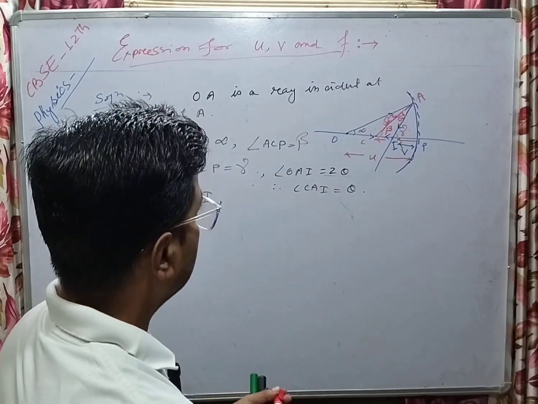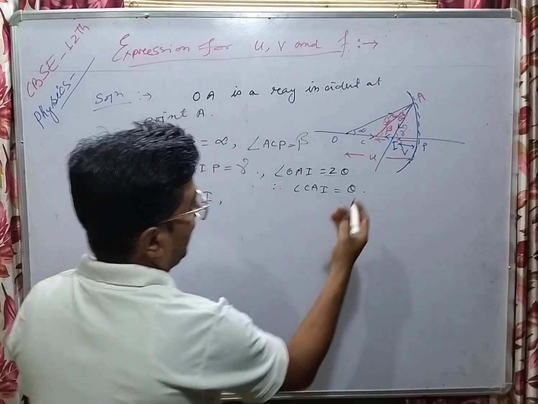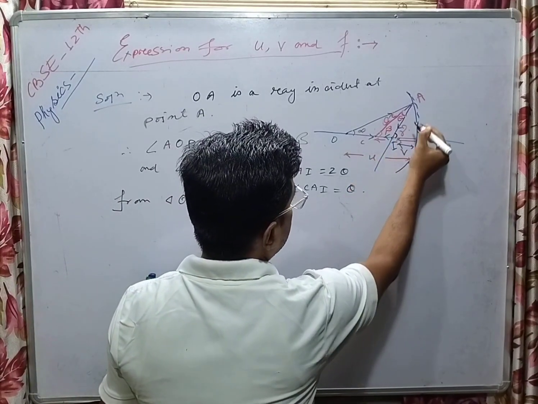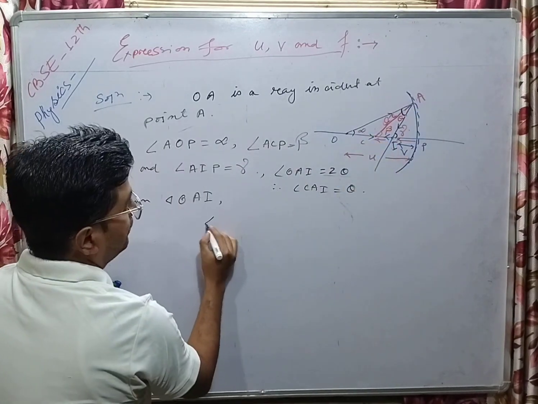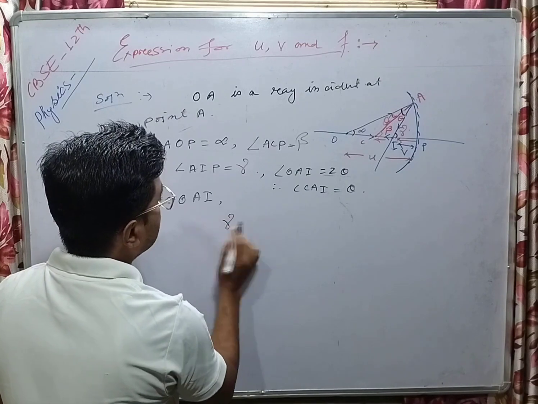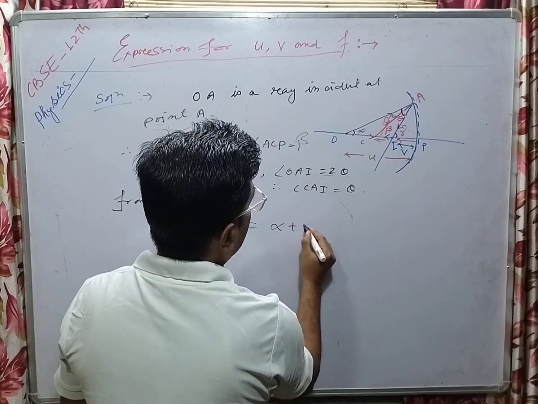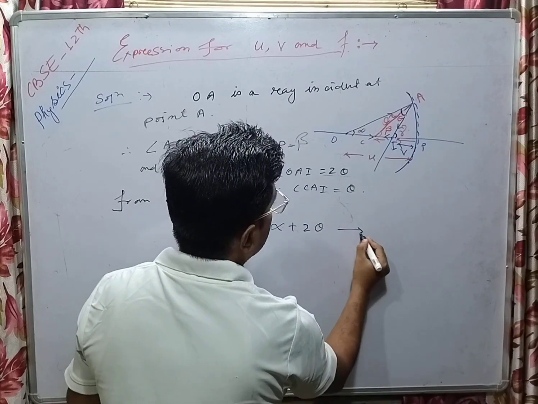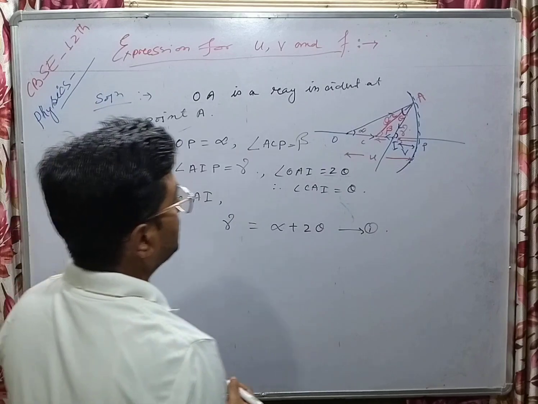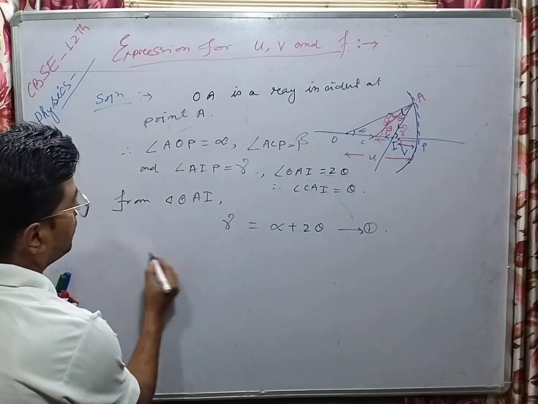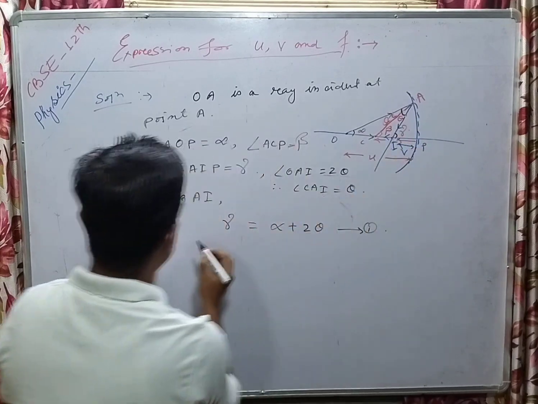Now, from the external angle sum property, this angle is equal to the sum of these two angles. Angle gamma is equal to alpha plus twice theta. This is equation number 1. Again, I am going to consider triangle OAC.